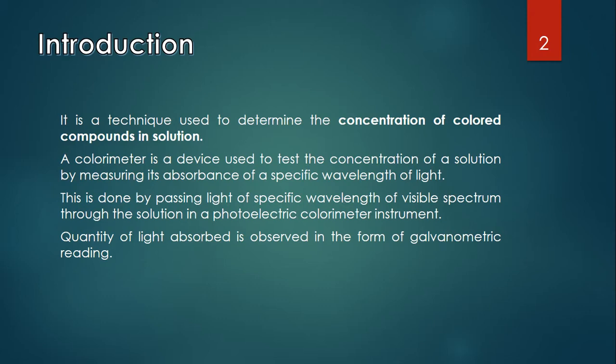So the solution will absorb the specific wavelength in between 400 to 800 nanometer. And by analyzing the transmitted beam, we can find out the quantity of light which is absorbed. So this quantity of light which is absorbed can be observed in the form of a galvanometric reading.